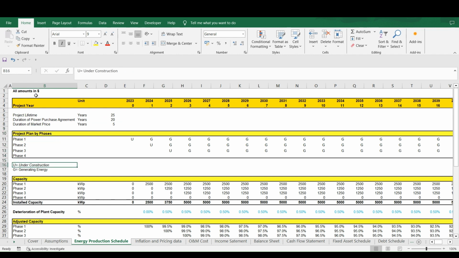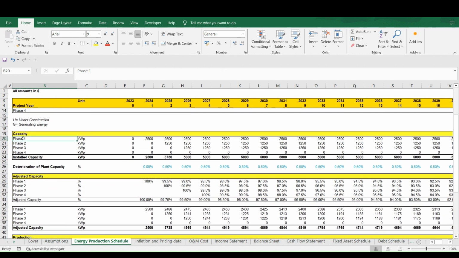Then in this phase, we have a construction phase. U represents under construction phase, and G represents our power plant is generating energy. By phase, we have divided our construction phases. Here we have the capacity, so how much of the capacity we'll have over the years in phase 1, phase 2, and phase 3.